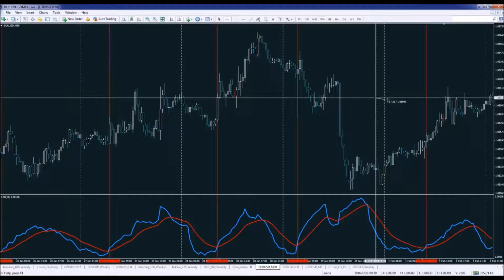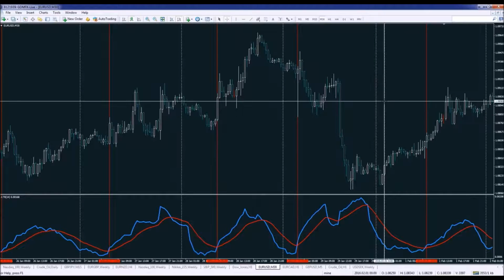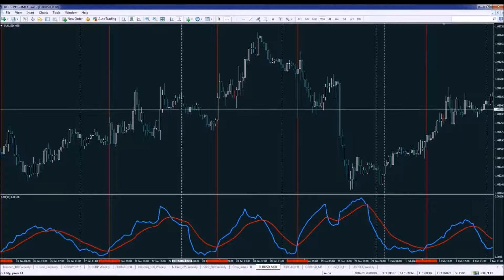There is a weekend, and this is Monday to Tuesday. You can see that every start of the cycle is about 3 to 4 hours, up to 5 hours, after the opening of the market.